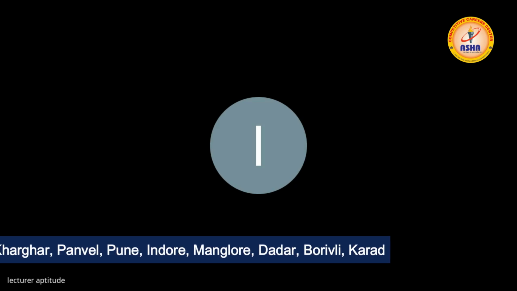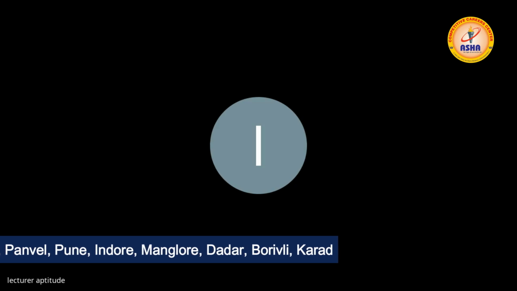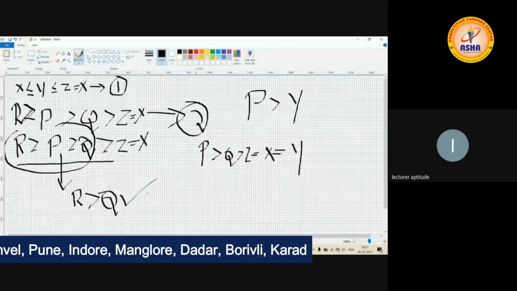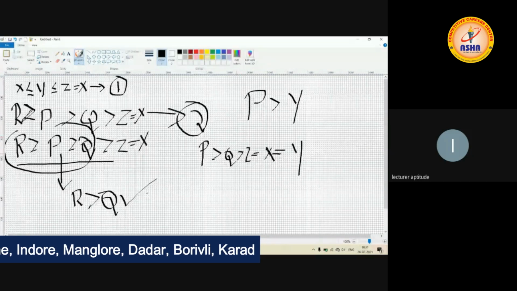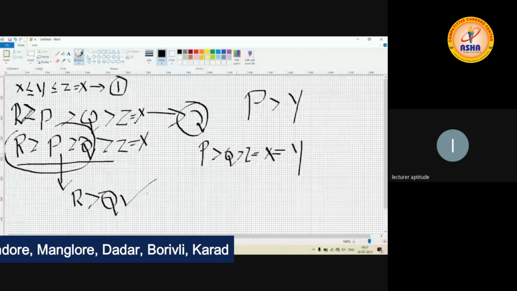X is equal to Y, right? So we can say that P is greater than Y. That is of course possible. If you check these two signs, this greater than sign will be given more priority. So P greater than Y is also true.